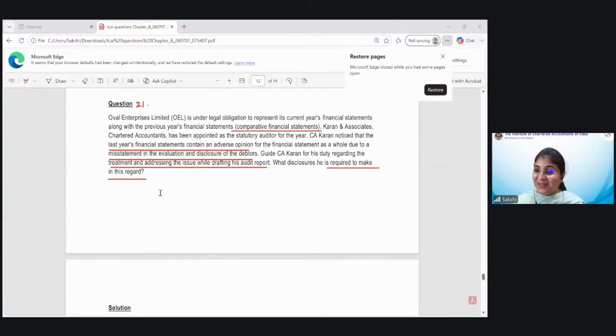So he noticed that last year an adverse opinion was there, and since it is a comparative financial statement, he has to comment on each financial year, each prior period. So what kind of report should he give? You tell me. Just a one-liner or one-word answer. What kind of report should he give?